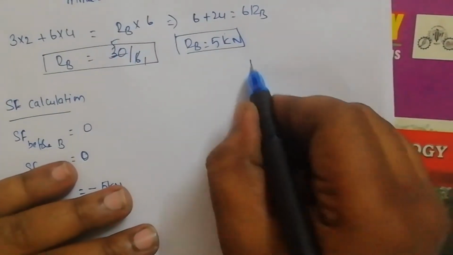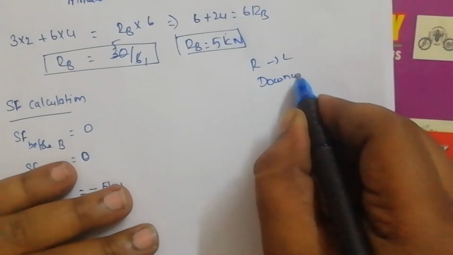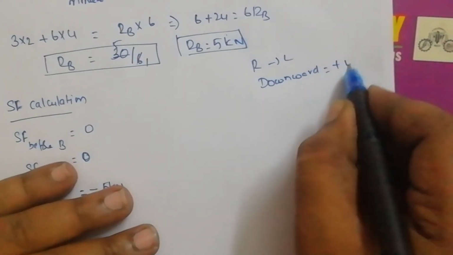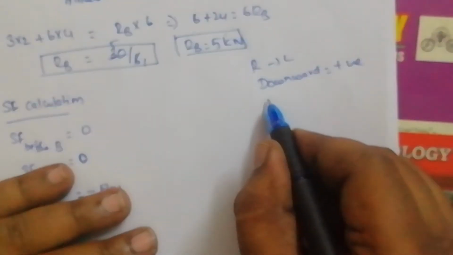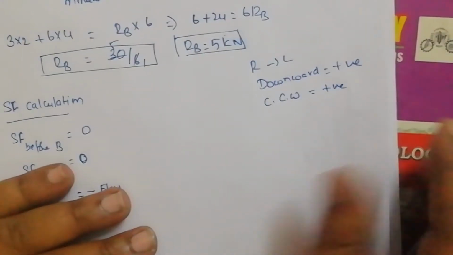Since it is acting in upward direction, we have to take it as negative. Why, sir? We have already seen the sign convention: right to left, downward is positive. So downward positive means upward will obviously be negative. Next, CCW moment should be taken as positive, and obviously clockwise moment should be taken as negative. So shear force before D is equal to minus 5.